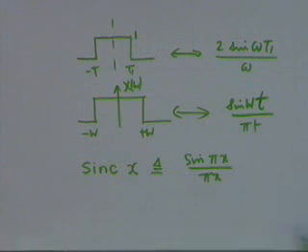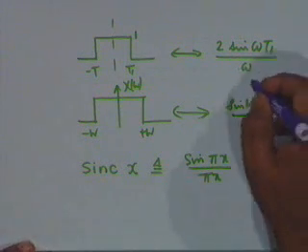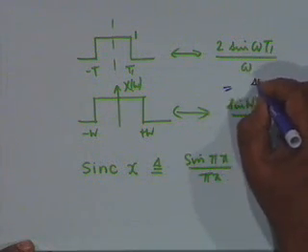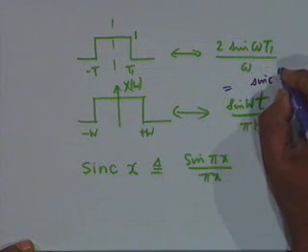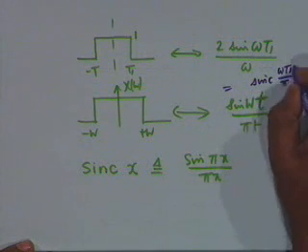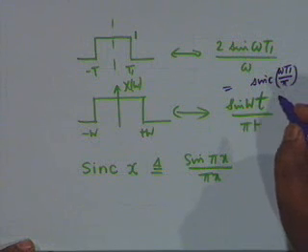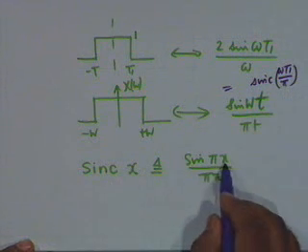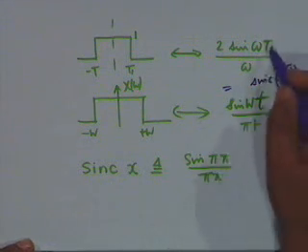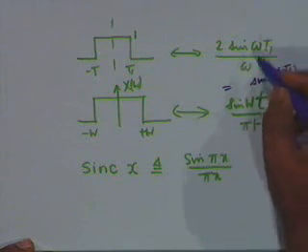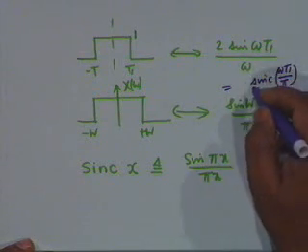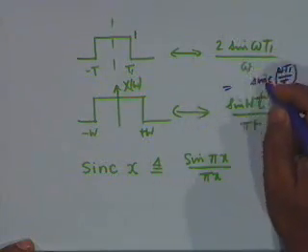For example, the first one can be written as sinc of omega t1 divided by pi. Isn't that right? Sinc x is sine of pi x by pi x, so I should write this as pi times omega t1 by pi, and the multiplying constant shall be twice t1.